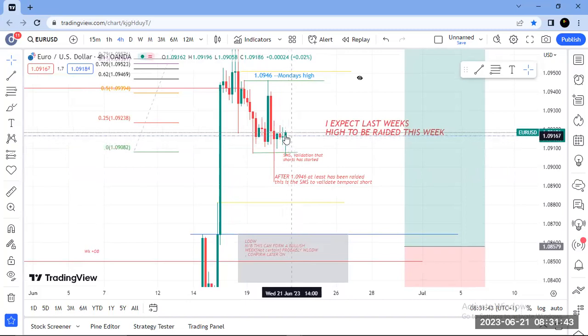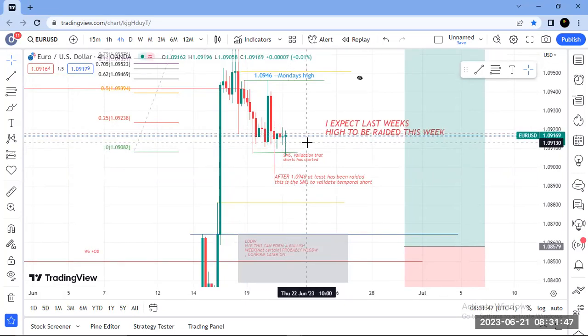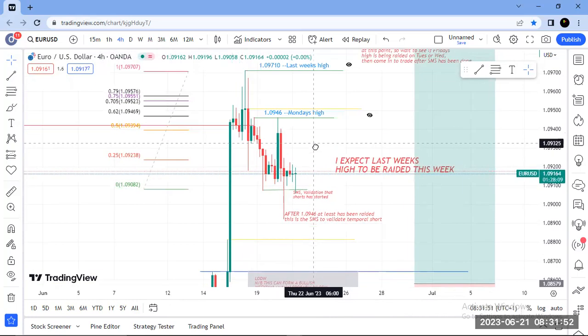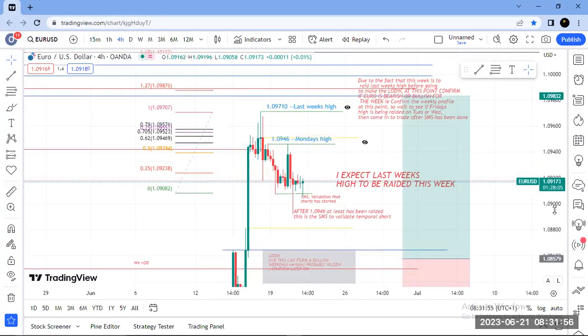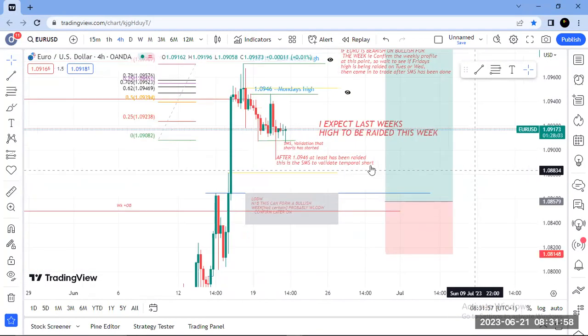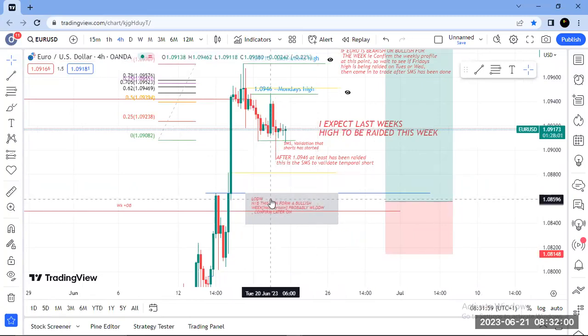If it has come to the New York session and the idea I gave for the dollar has not started, then you can engage in that line. So for this main trade, I want everyone to enter here, about into the 4-hour fair value gap.